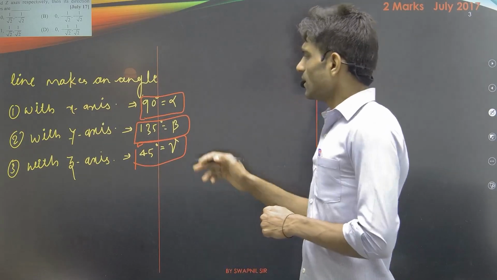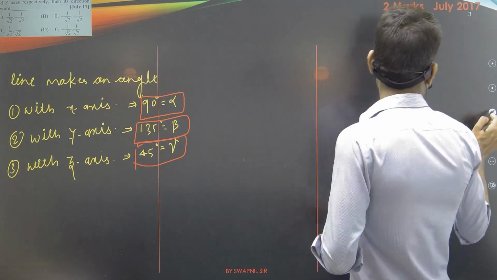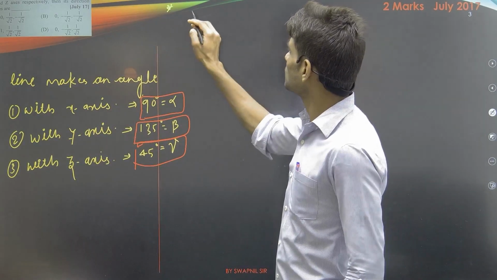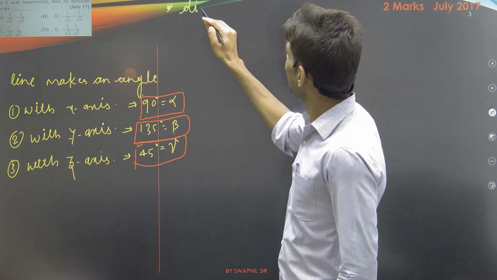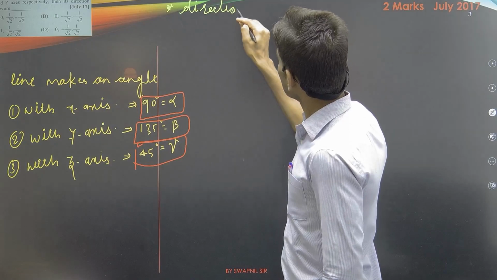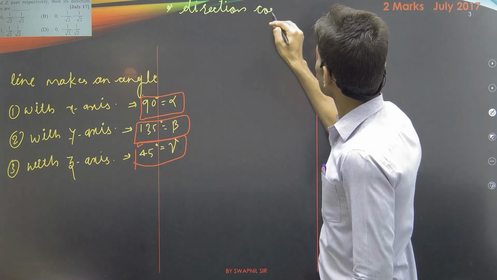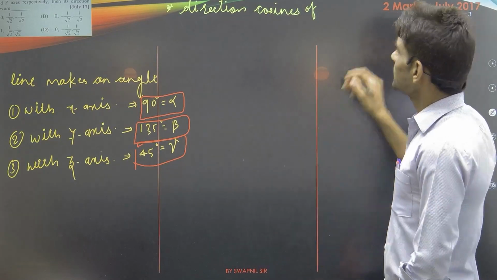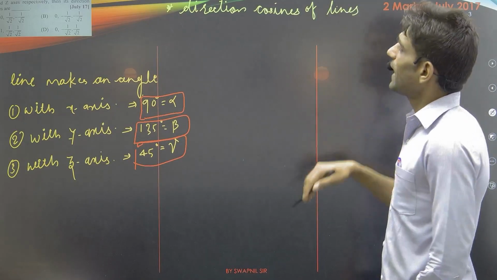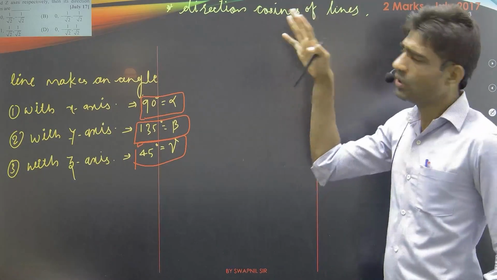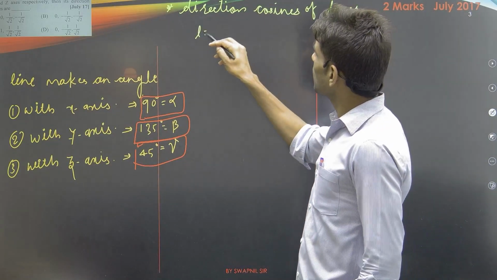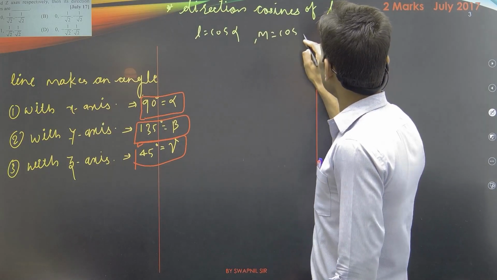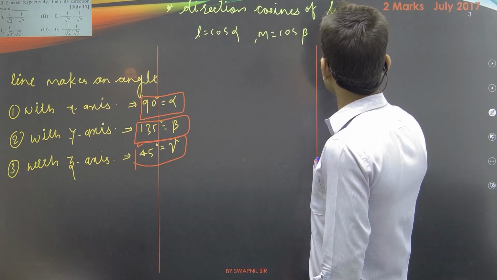So we write the direction cosines of the line as l equal to cos alpha, m equal to cos beta, and n equal to cos gamma.